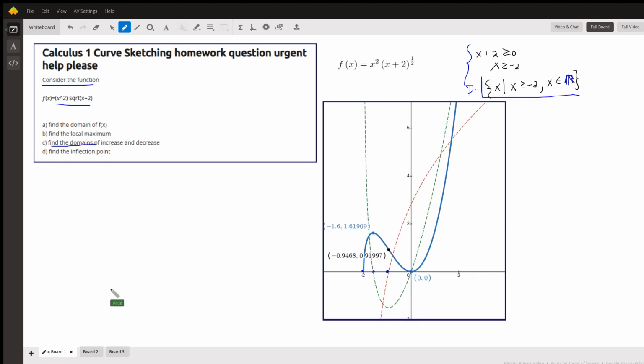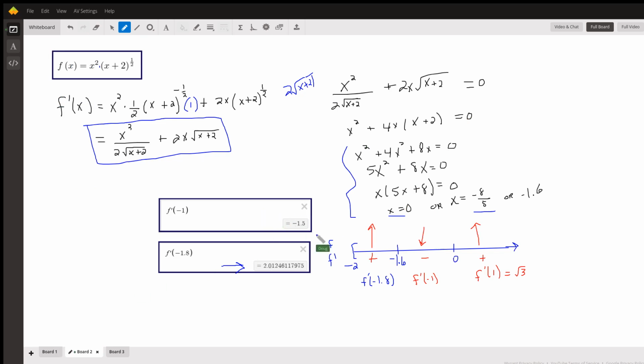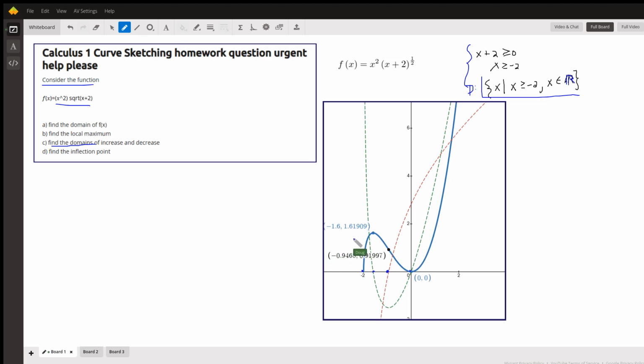Oh, so we had a relative maximum at this point right here because we went from increase to decrease. So that value right there generates a max. And the 0 generates a min. And you can see from the graph that's the case. We have a horizontal tangent line here, a horizontal tangent line here, a relative max, and a relative min at 0, 0.